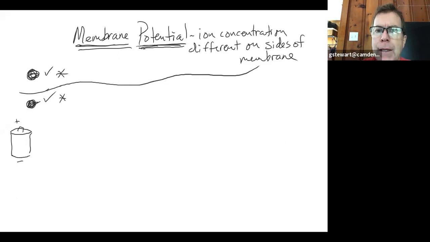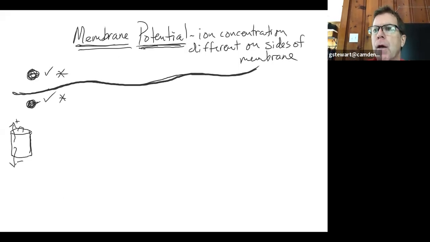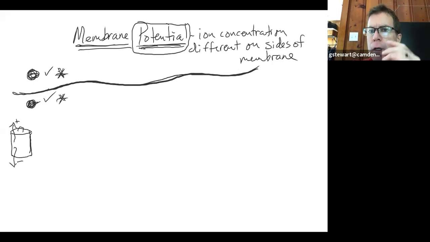And what has been done inside of this battery is we've separated ions and put a different concentration on this end than we have on this end. That's what we're doing to a cell membrane. We're altering the ion concentration on this side from this side. That gives the potential for energy or for it to do work.